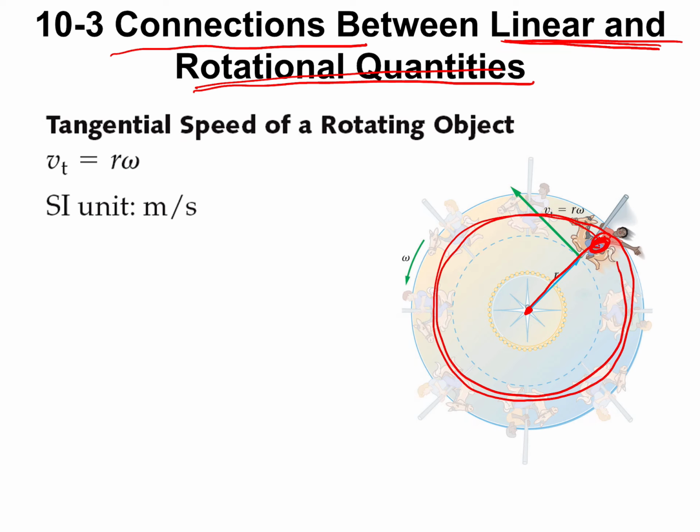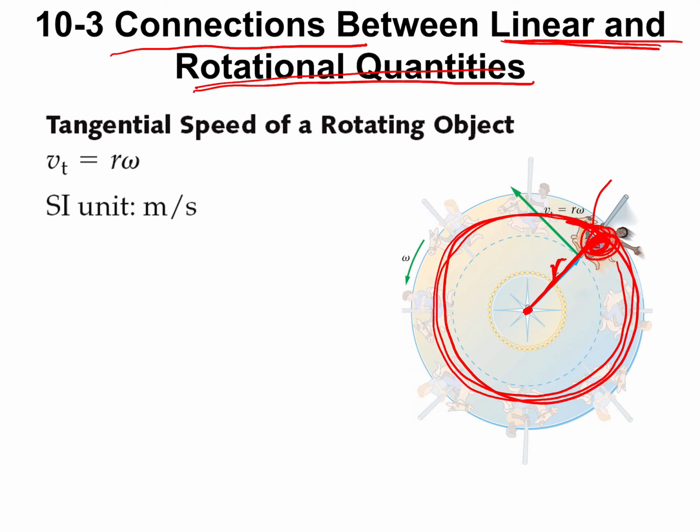That's rotational motion, and there is a link between rotational motion and linear motion. The reason is this: if we talk about the real distance this guy travels, assume the distance from the axle to this guy is r.